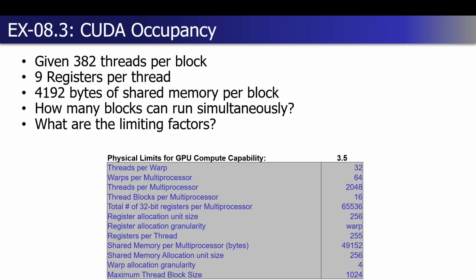So just for example, the limit is 16. That's the maximum number of thread blocks that are allowed to be scheduled in parallel on a multiprocessor. So the answer is less than 16.